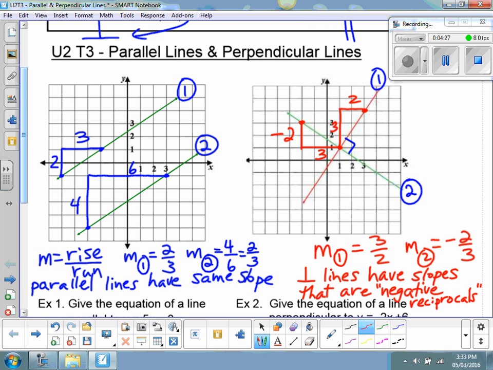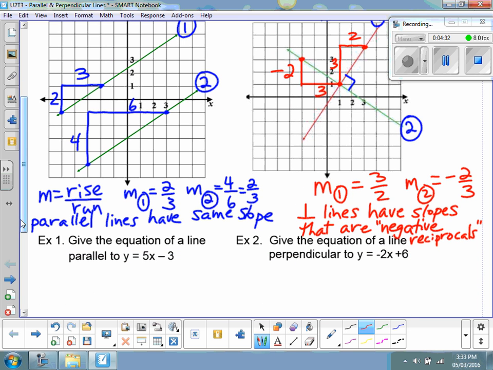So the negative is the difference in the signs, and the reciprocal means that it's flipped. So you can also describe this as the slopes are flipped and signs change.